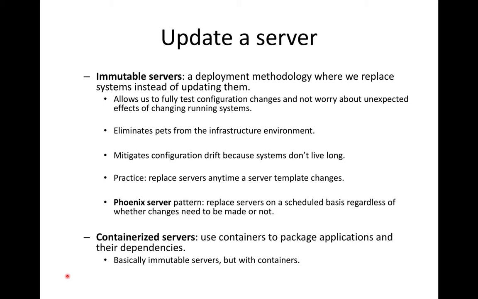If you're maintaining your servers over time and updating them over time, you're sort of treating them like pets. Instead of treating them like pets, we can just simply replace them whenever we need to. And then we replace them with a server that has an updated template and that has all of our updated software and configuration in place.